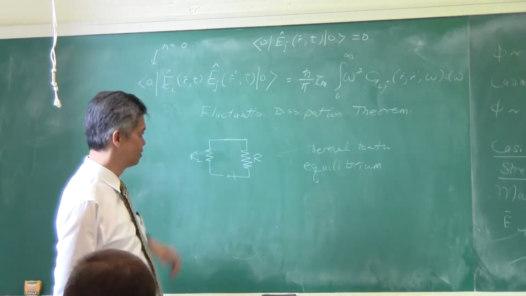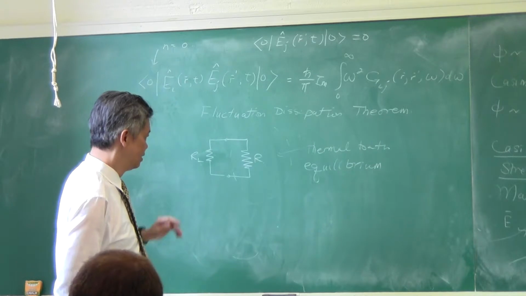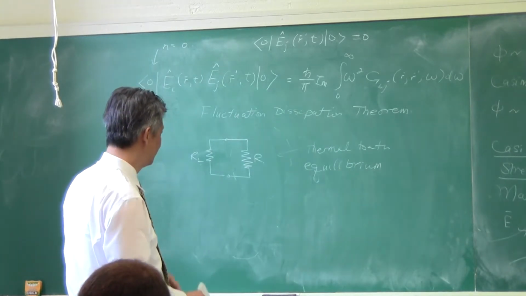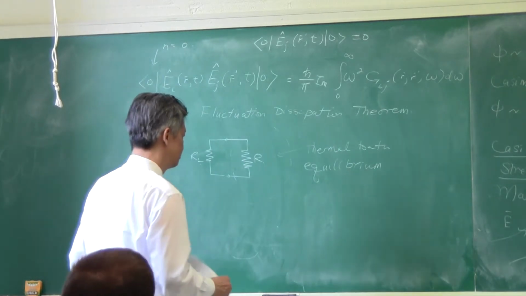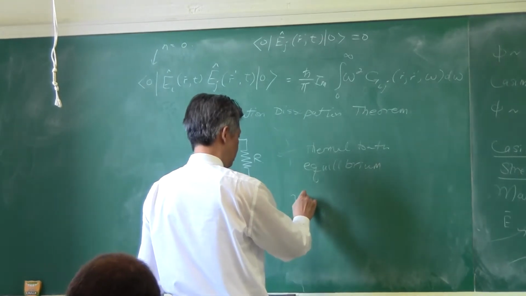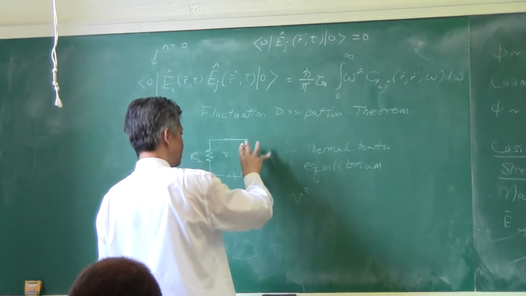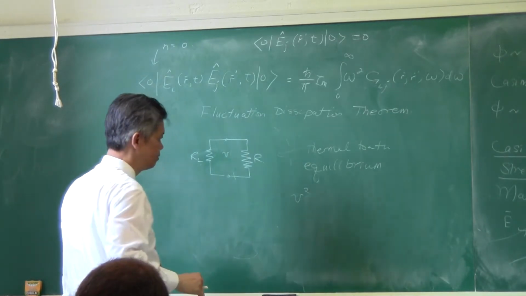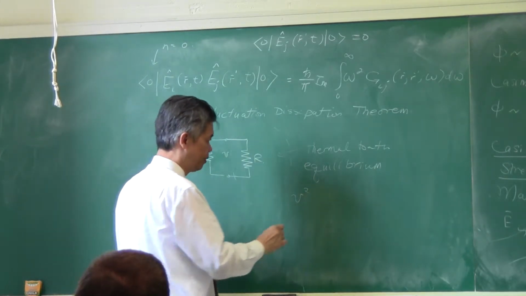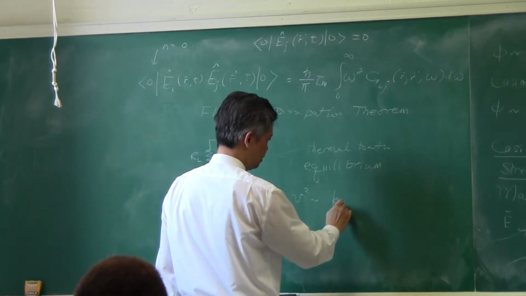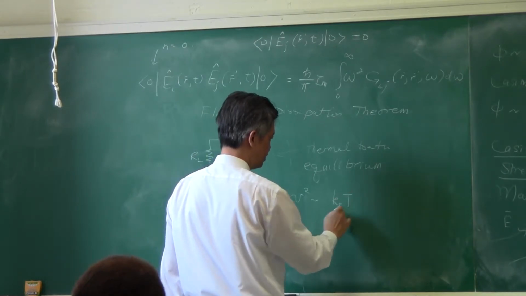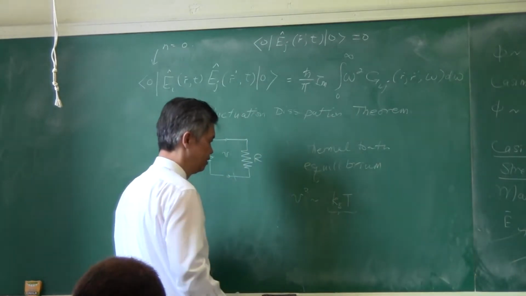When this is in thermal equilibrium, you can show that the voltage squared induced by this fluctuating field in the environment of this resistor is proportional to k_B T. This is like the kinetic energy of the environment.